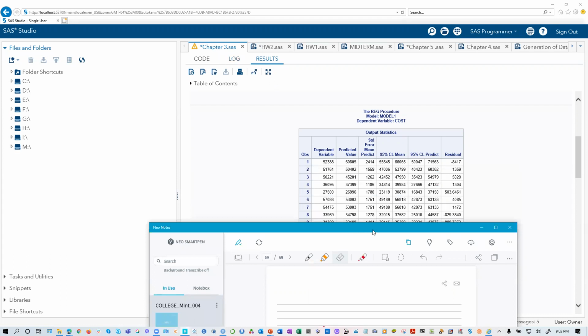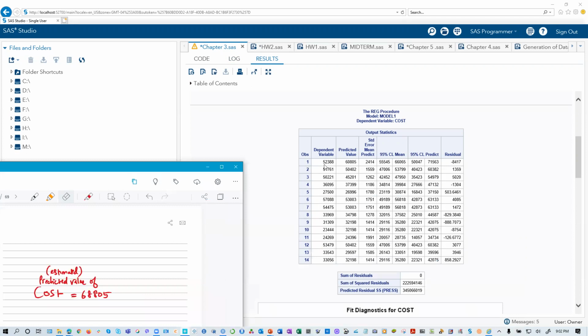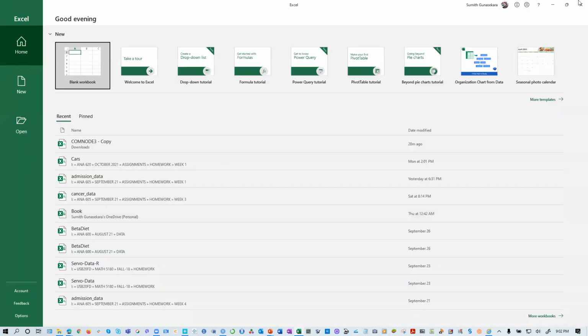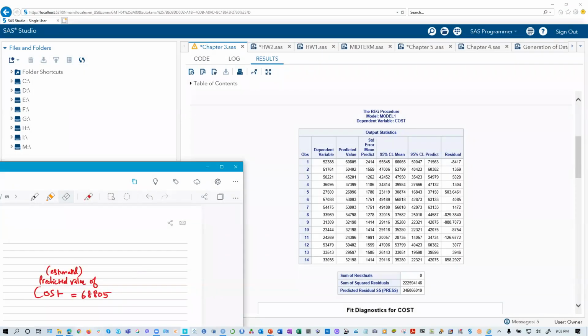That one has been given based on the number of nodes. Now we have to find out the number of nodes related to this value. I'm going to go to the original data set and see what the number of nodes related to this is. Let's figure out the number of nodes.